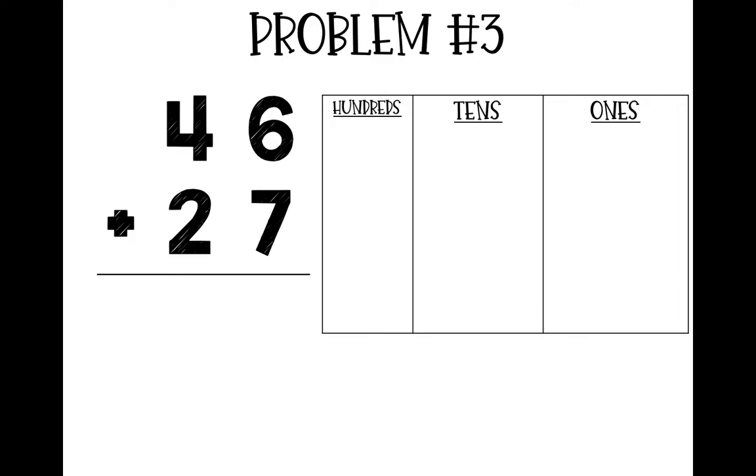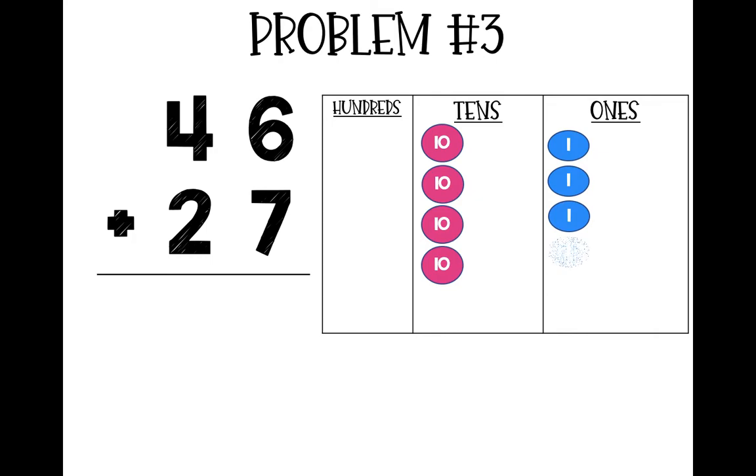What number do we draw first? 46, that's exactly right. So we need to show 4 tens, 1, 2, 3, 4, and 6 ones, 1, 2, 3, 4, 5, 6. Double check your work. Make sure you drew exactly 4 tens and exactly 6 ones.